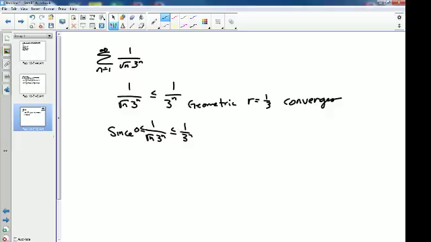We want to make that statement too. Right, they all have to be positive or 0. And since this is true and the series that is larger converges, we know that this happens.